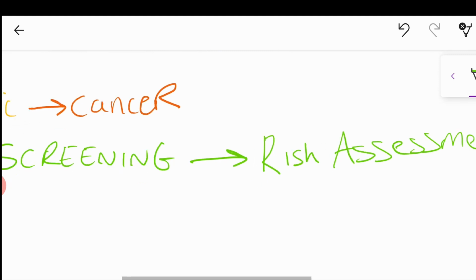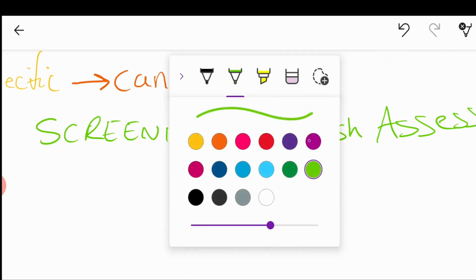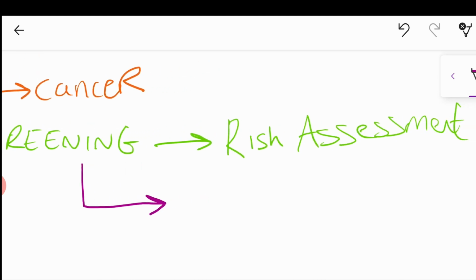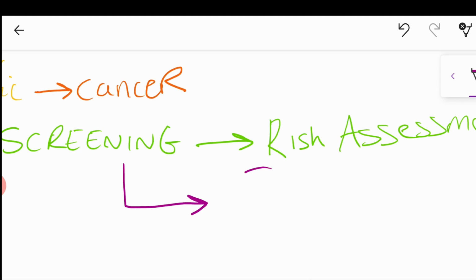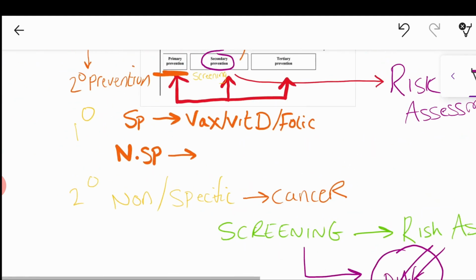Remember, the lecturer was talking about how you do not want to say it's a diagnosis, because screening is not a concrete diagnostic tool. It should be used as a contribution to the overall diagnosis. So you do not want to mention that it's a diagnosis.